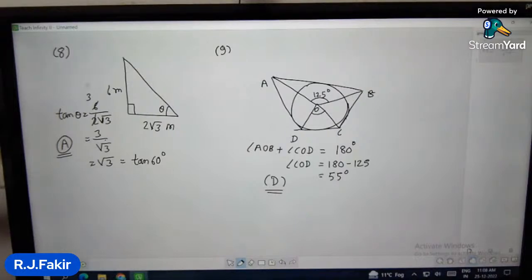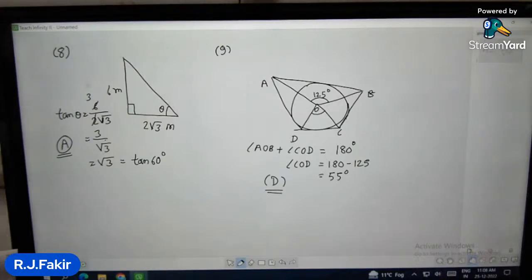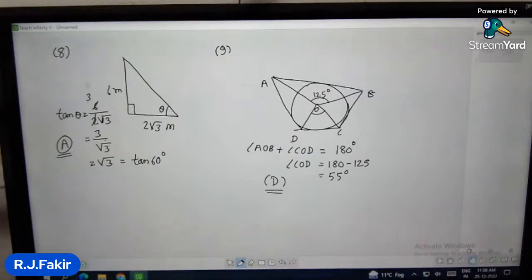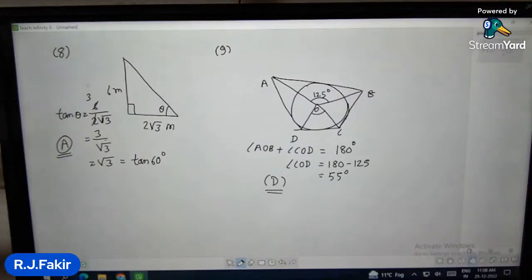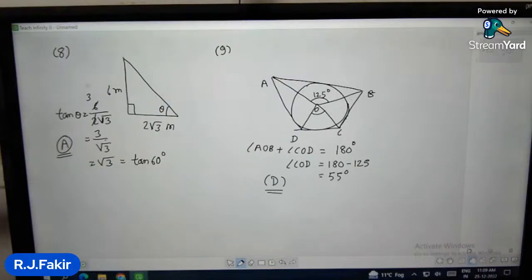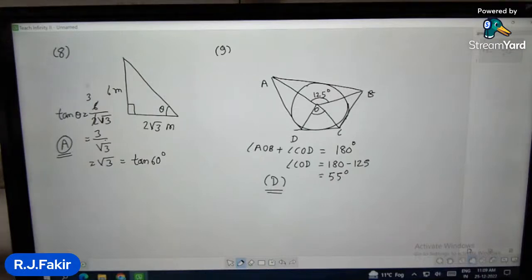So for these kinds of figure based questions, you have to go through the solved examples on triangles, circles, tangents and the other rules. If you remember those theorems, examples and the relations between the different angles, it will be easier for you to do these kinds of questions. The 11th question is also based on the same concept.